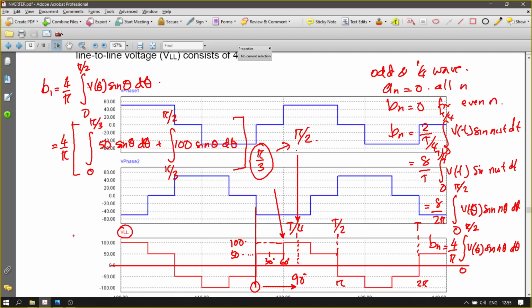Is it? Okay, so from there I can find what is b1. I think you can solve that using your calculator.